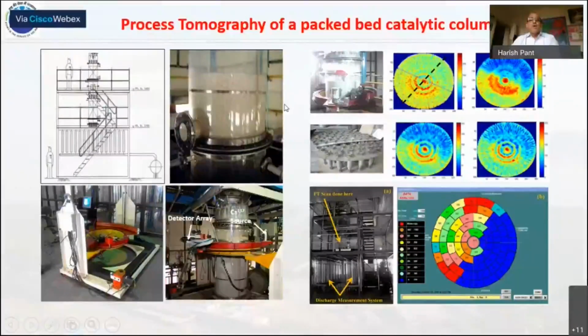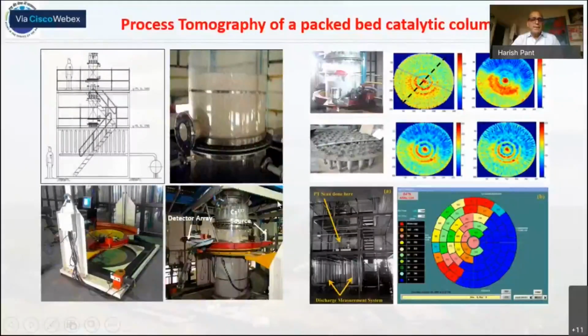One of the very important things in this kind of packed bed is to know how the water is distributed across the cross section of this packed bed column. And the only way one can find out this radial distribution across the cross section is using the tomographic technique.